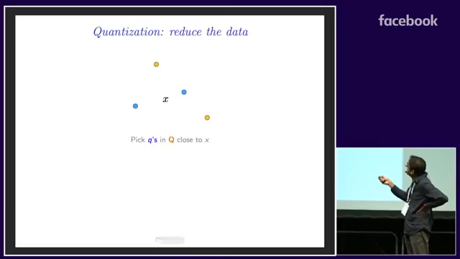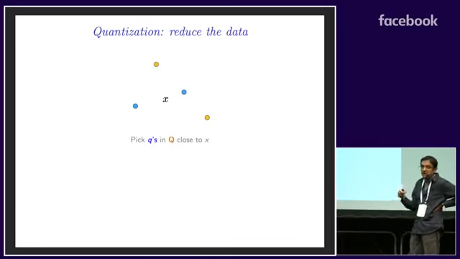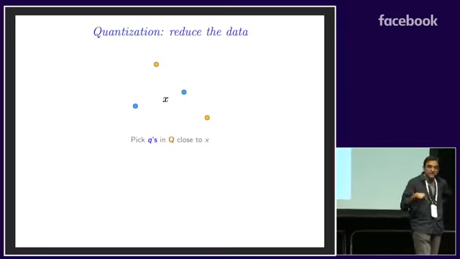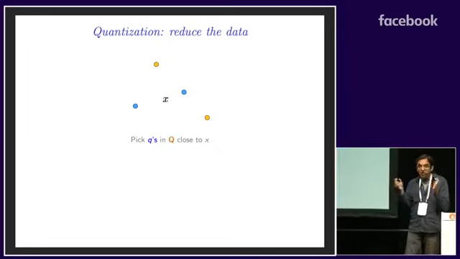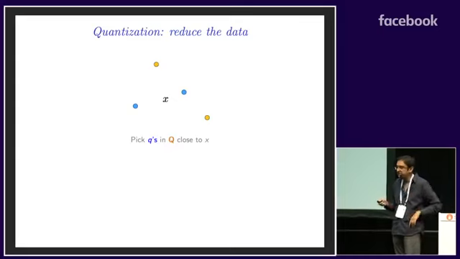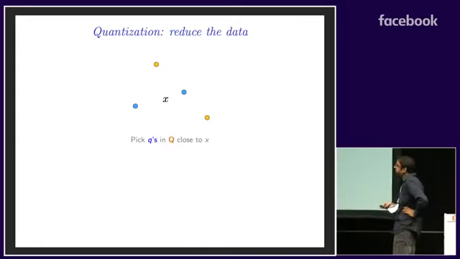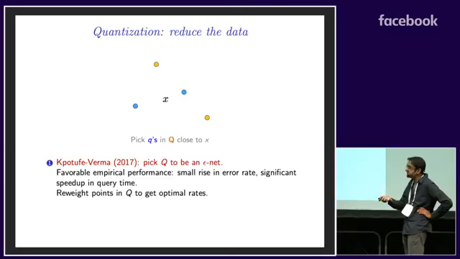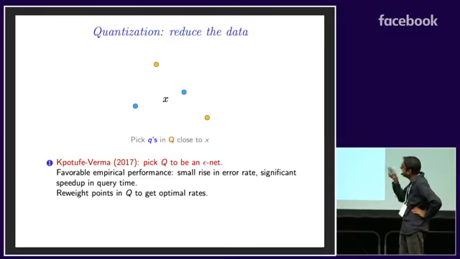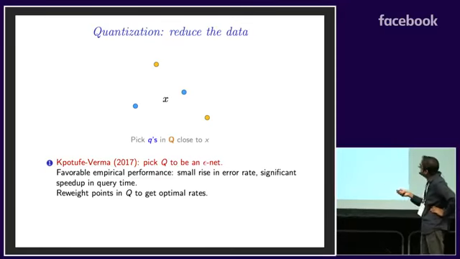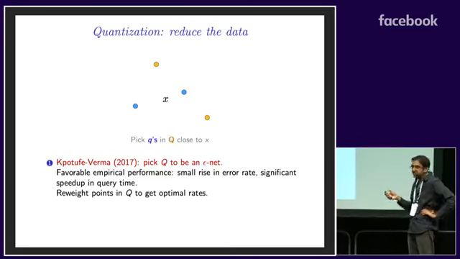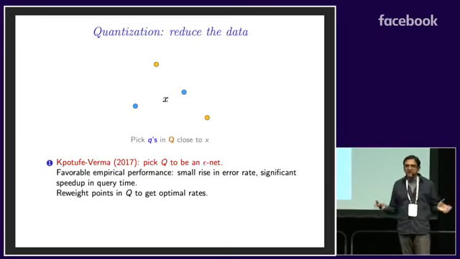Now, when it comes time to classify a new point, we just pick the closest, either the one nearest neighbor or k nearest neighbors of the few points that remain. Okay? And so there's been some really nice work on this. For example, Gottlieb, Kontorovich and Nisnevitch looked at a construction where the set Q is an epsilon net of the space.